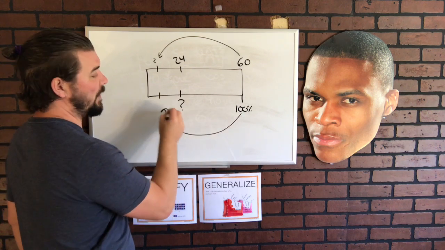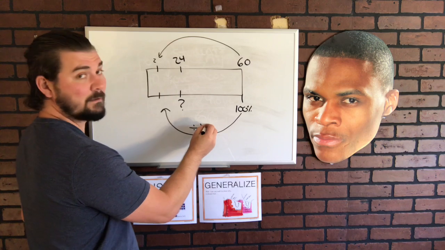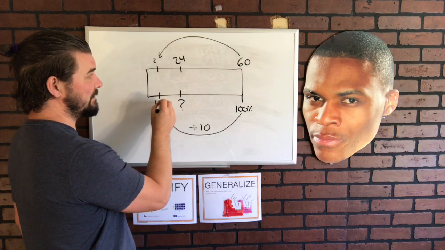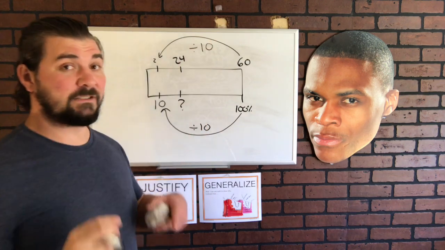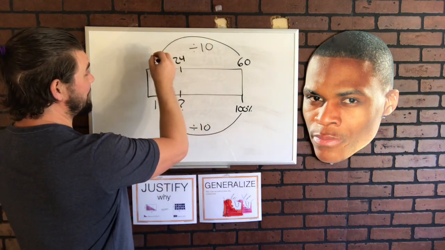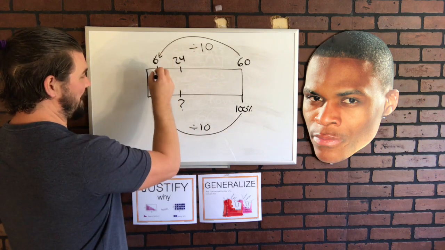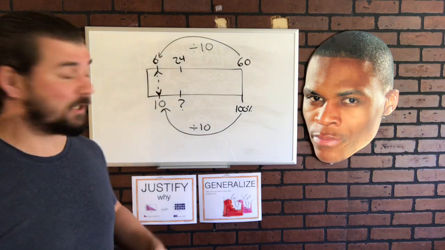Well, what if I divide 100% by 10, and that would give me 10%. I divide 60 by 10. Remember, I have to do the same thing to both numbers because it's a ratio. 60 divided by 10 would give me 6. So I know that 6 and 10 is part of my locked-in ratio.